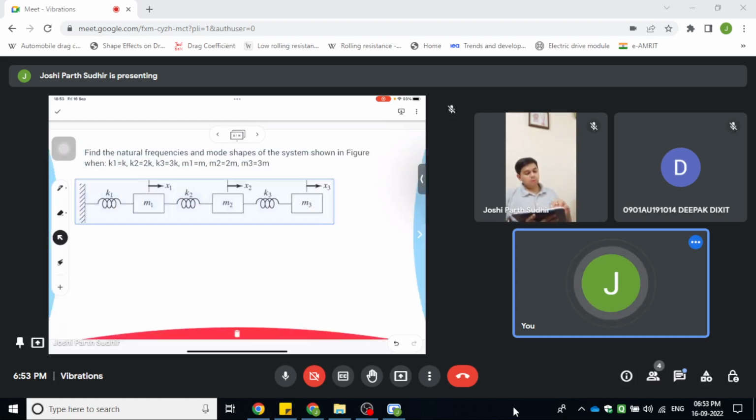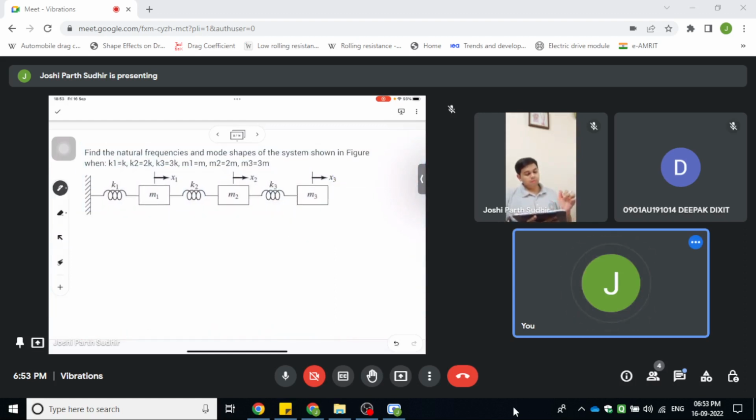So I have another problem here, which is another multi-degree of freedom system. Here we have the masses m1, m2 and m3 connected by springs k1, k2 and k3.